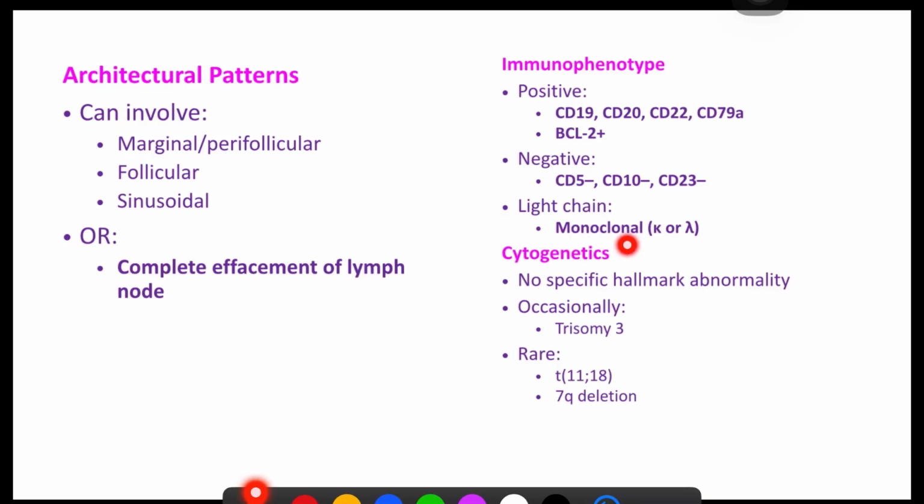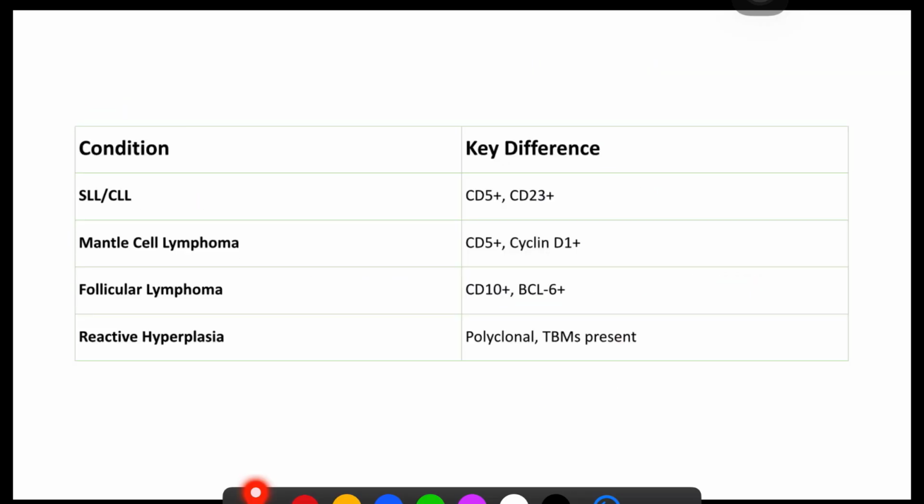Light chain is mainly monoclonal, either kappa or lambda, and no specific hallmark abnormality cytogenetically is present but occasionally associated with trisomy 3, and rarely translocation 11, 18 is present, and 7q deletion may be seen.